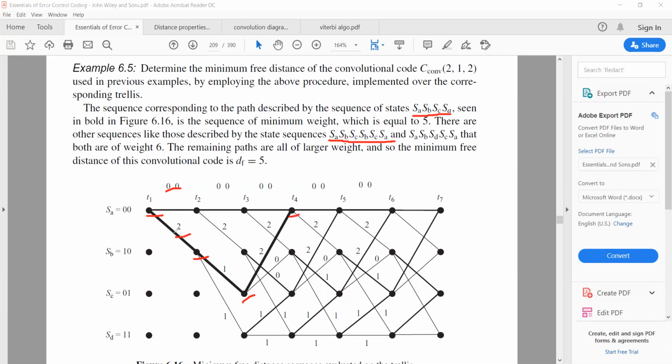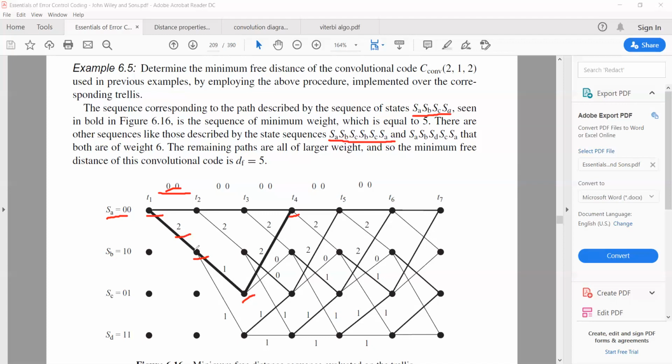It is basically the Hamming distance between 00, 0 and the corresponding output when the present state was 00 and the next state was 10. Just keep in mind that SA equals 00 and SB equals 10. So the next state is 10, right? So I'm coming from 00 to 10. Okay, that means SA to SB.